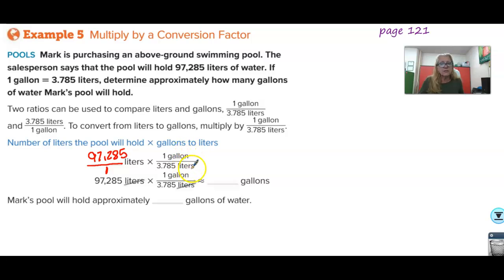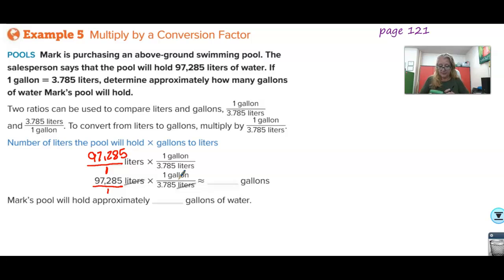So we pick the one with liters on bottom here because this one has liters on top, and liters will cancel, and we'll be left with the gallons we wanted to find out. Okay, so then this is on top and this is on bottom, so you're going to have this number divided by this number.